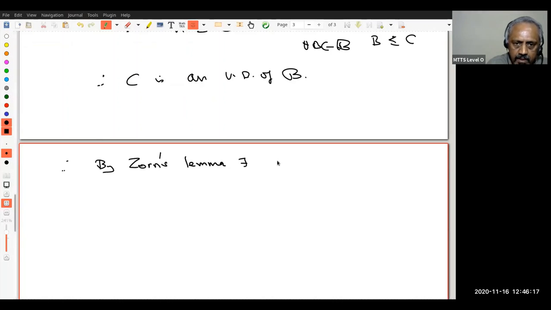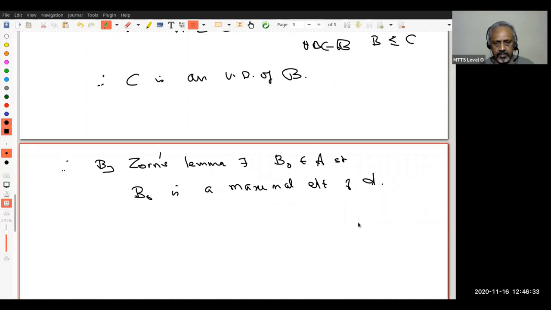there exists, let me call it, a B naught in A, so that B naught is a maximal element of script A. You follow that? Notice that this is a maximal element for script A. What does that mean?